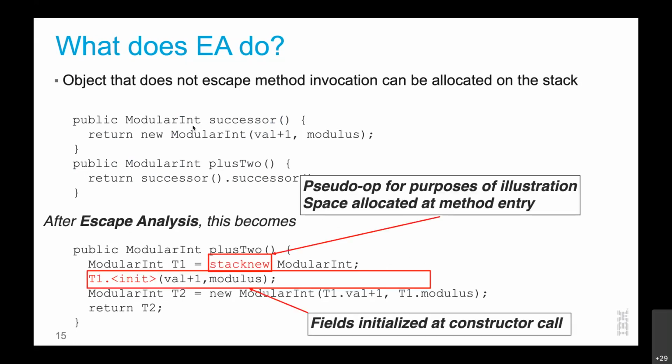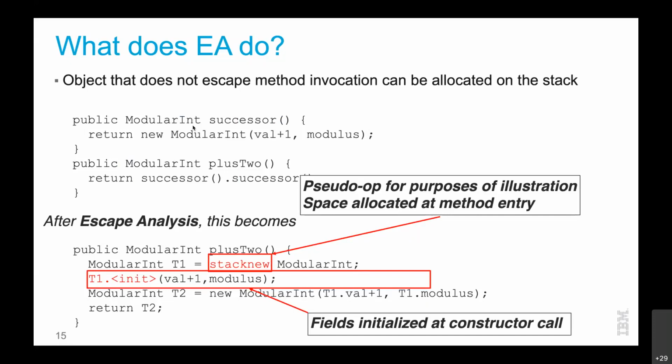So I've shown that here with a pseudo op named stack new, just to illustrate that this is allocating space for this object within the method, but the allocation of the space happens when we enter the method, along with all the rest of the space on the stack for that method invocation.